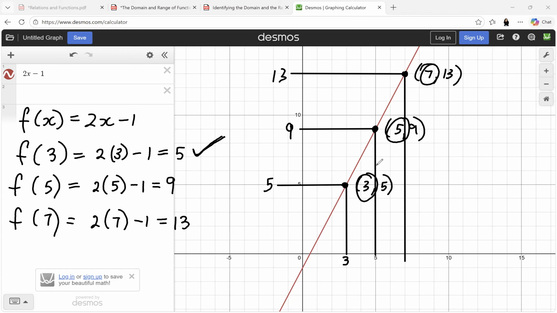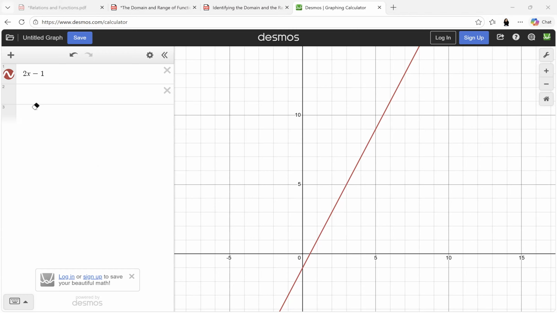So for instance, if I tell you that f of x is equal to 5, right? Algebraically, to find out what x is equal to, or the corresponding x coordinate when y is 5, I would say 2x minus 1 is equal to 5, and then I would work out what x is. So that would be 2x is equal to 6, and then x is equal to 3, which we got, right?